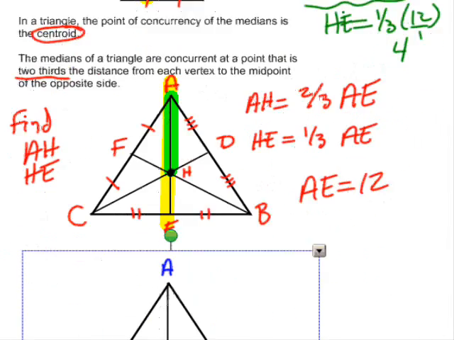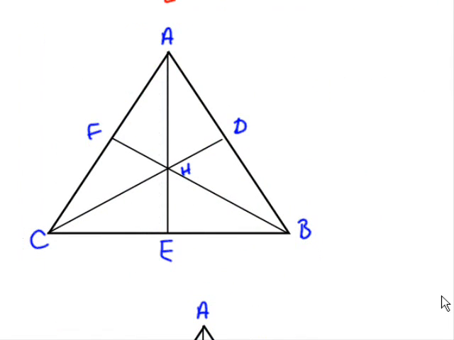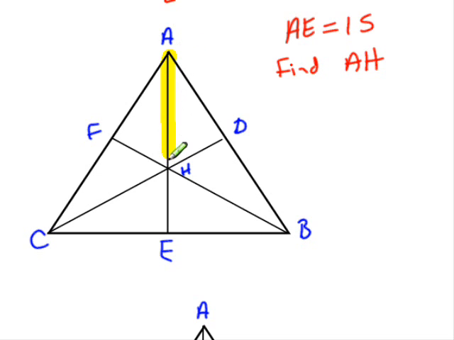So in this next problem, we are very, very similar. Kept the lettering the same way. Same situation, but in this case, AE is equal to 15. We want to find AH. Now remember, that from the vertex to the centroid is 2/3 of the length of the whole segment.